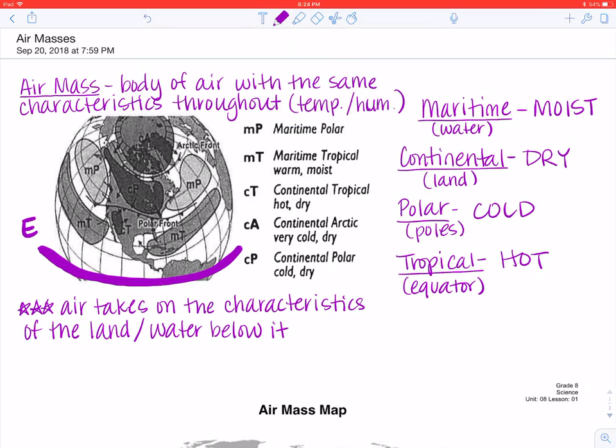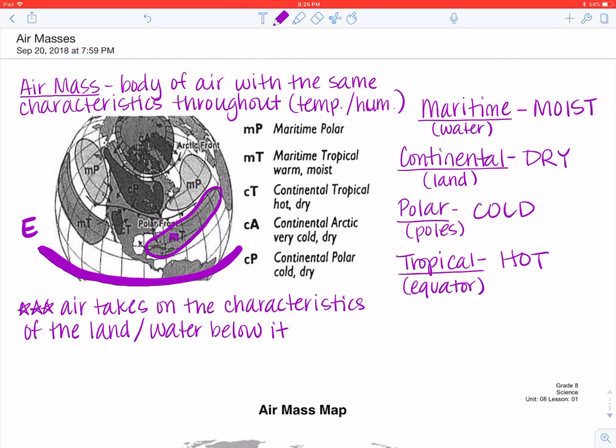Okay, let's look at some of these letters here. So now that we've broken down these words that describe each of the air masses, let's say right here I'm looking at MT. That means maritime tropical. So maritime tropical, maritime means moist, tropical means hot, okay? So you'll notice that it is over water.